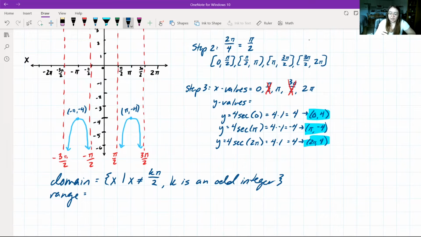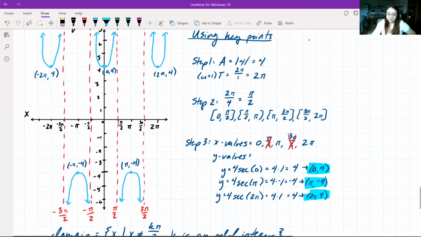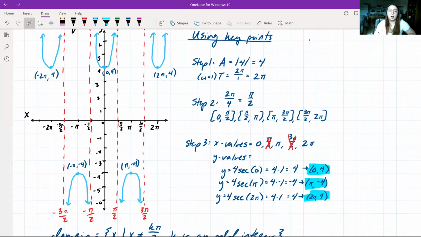Now our range also needs to be put into set builder notation. So we have y, where y has the property of, I'm not going to write an equal sign. We see that our upward facing parabolas could be 4 or more, and our downward facing parabolas are going to be negative 4 or less.